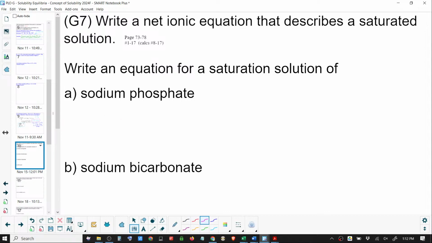Okay, so sodium phosphate, Na3PO4, is like that. And then we say that this is a saturated solution. What's the definition of a saturated solution? What must you have in a saturated solution for it to be saturated? The maximum amount of solute.